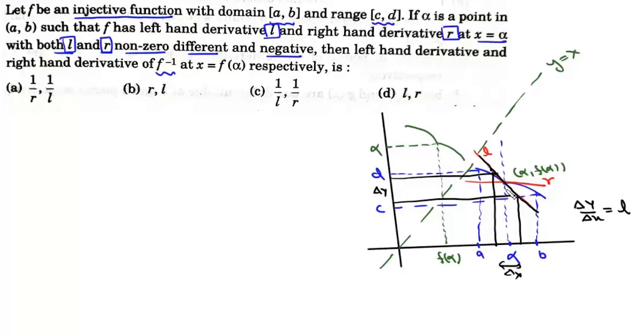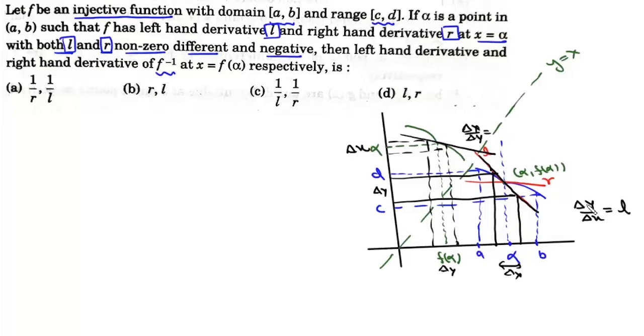Now if we take the reflection of this tangent about the y equals x line, then it will be drawn like this. Now here delta x and delta y will interchange. So in this case, whatever was delta y will now become delta x. So in this case, slope of this tangent will be delta x upon delta y.